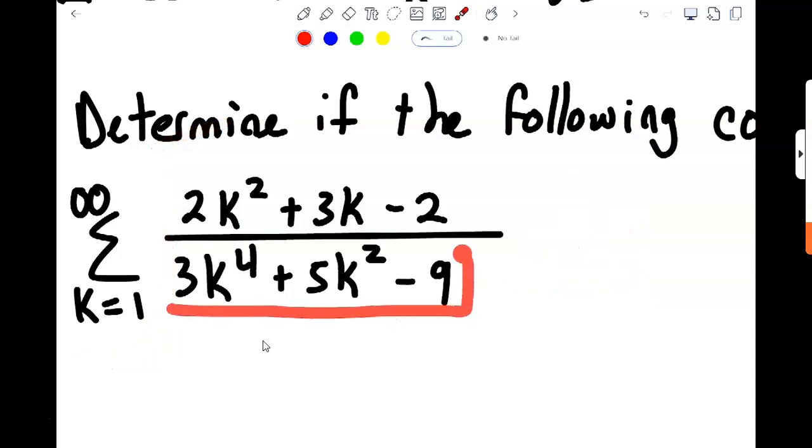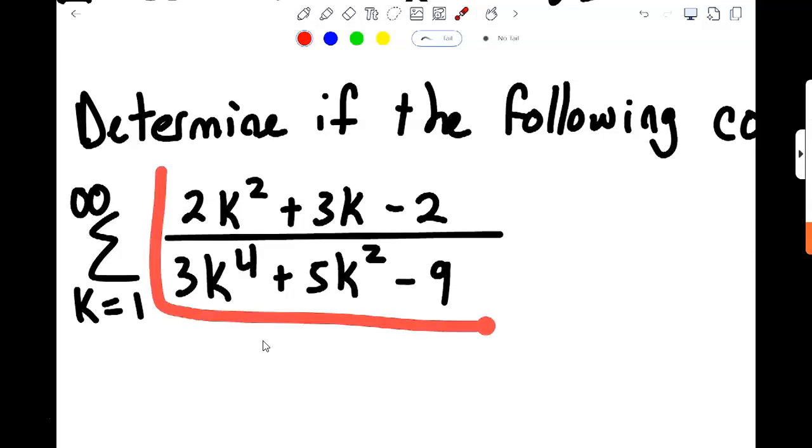We would have to see, can we factor that denominator? How does it factor? What kind of partial fraction decomposition can we use to break that up? How can we integrate the different pieces? This would not be a fun integral to do.